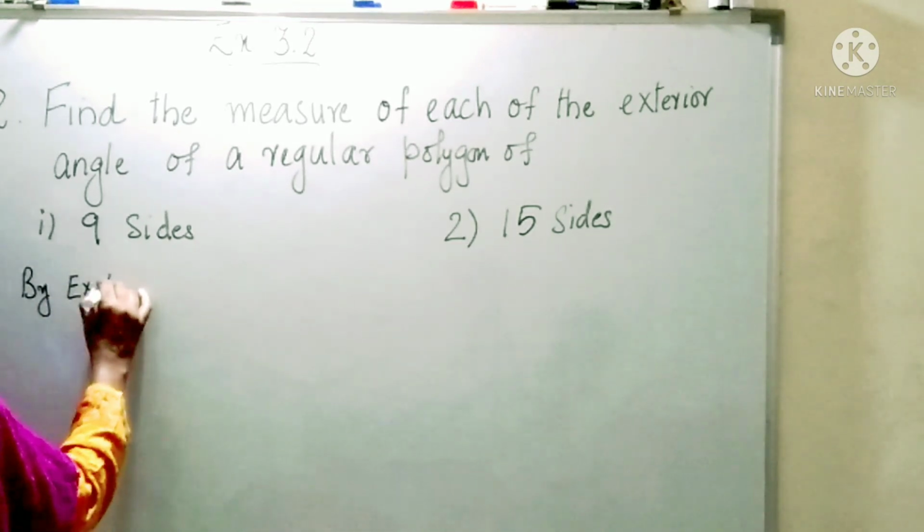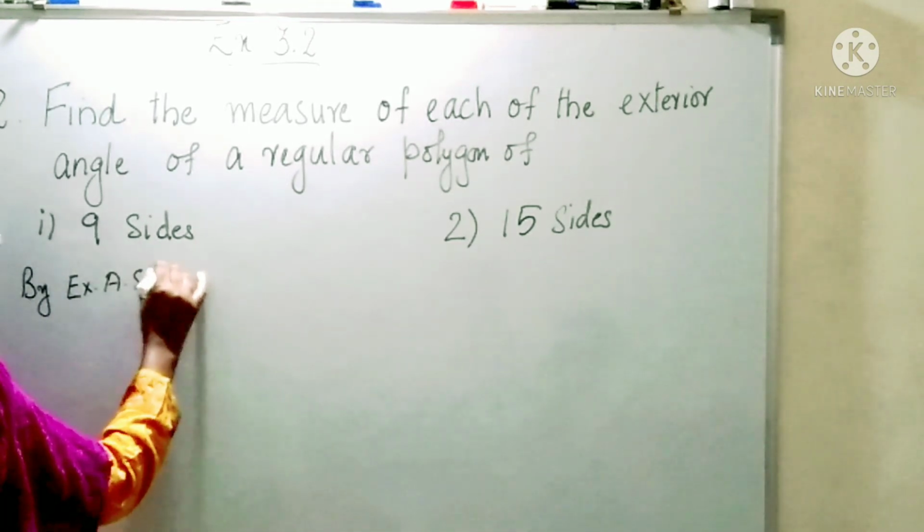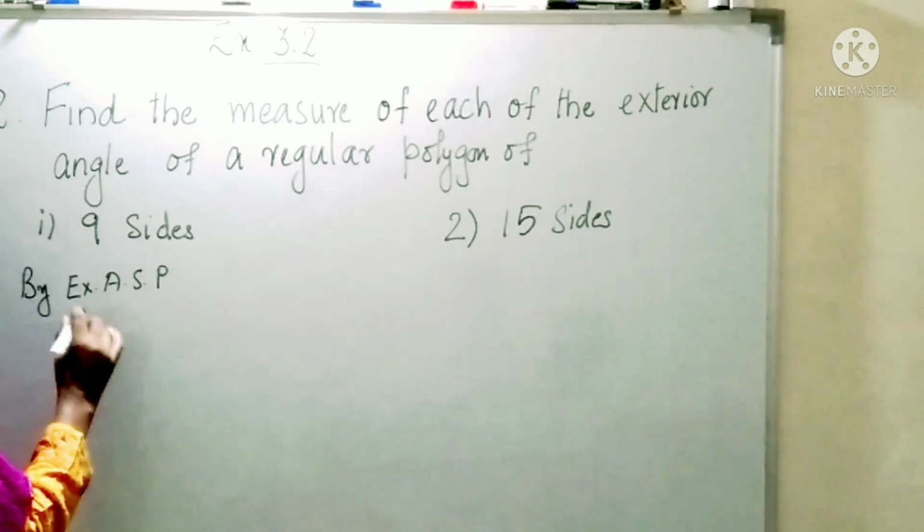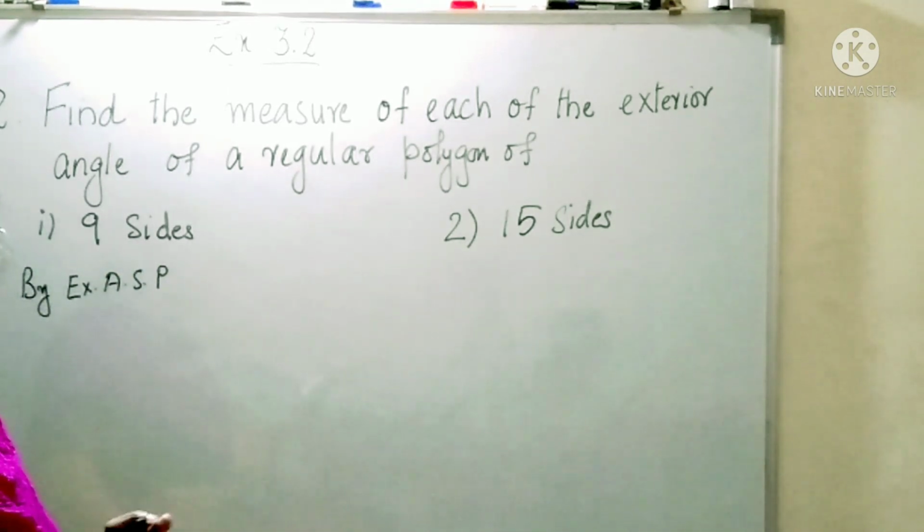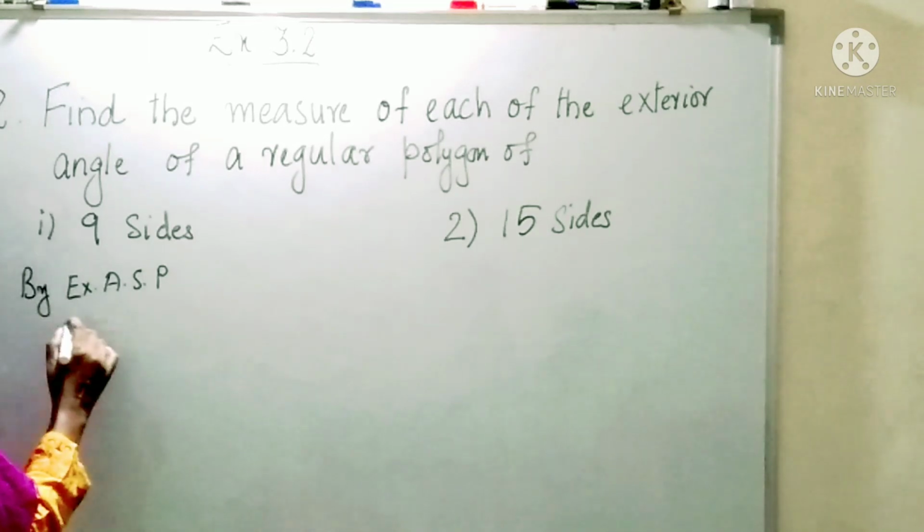So by exterior angle sum property, if 9 sides are there, how many angles will be there?